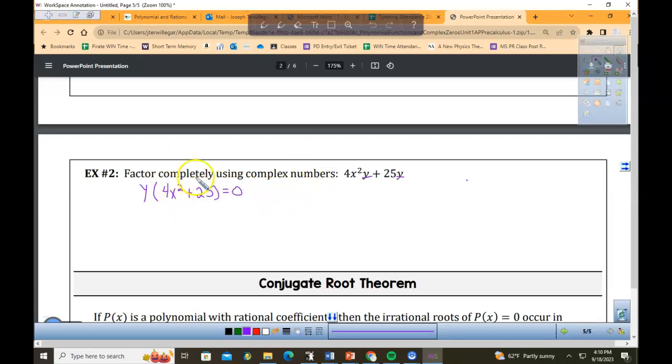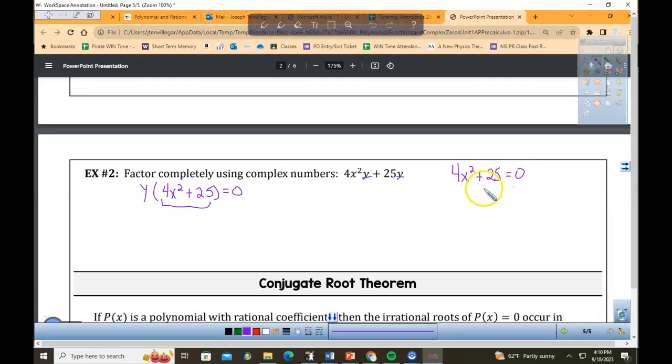I can't factor this at all. So what I need to do is find the zeros of it, and that will give me my factored form. So now this piece is already taken out, so I need to take this piece and factor it. So I'm going to do it over here, kind of like a sidebar. So I'm going to do 4x squared plus 25 equals 0.